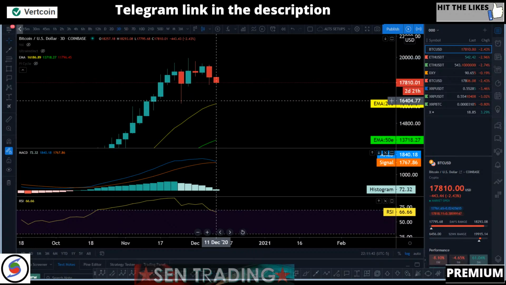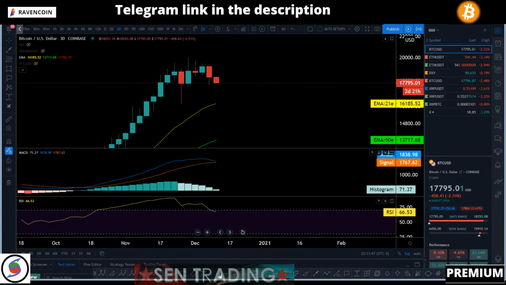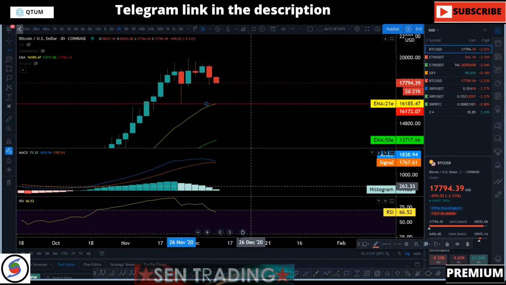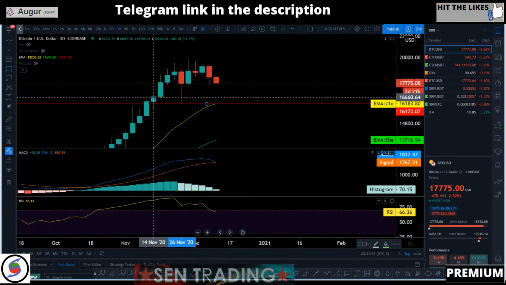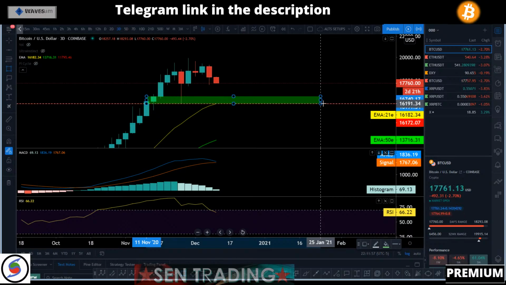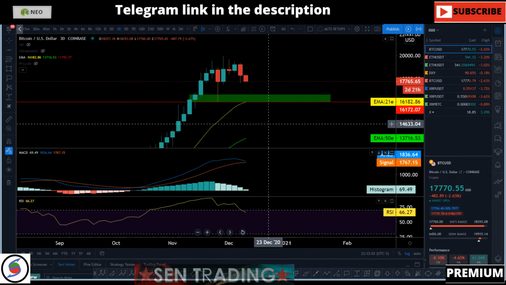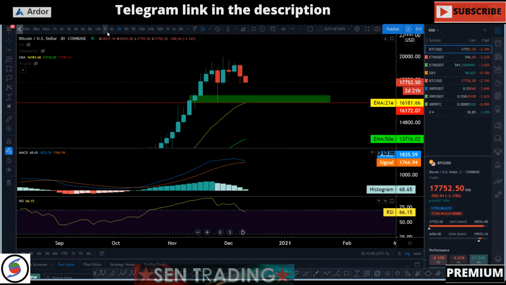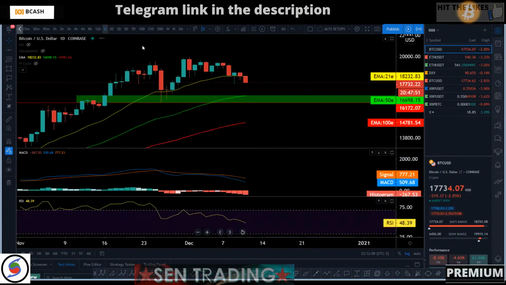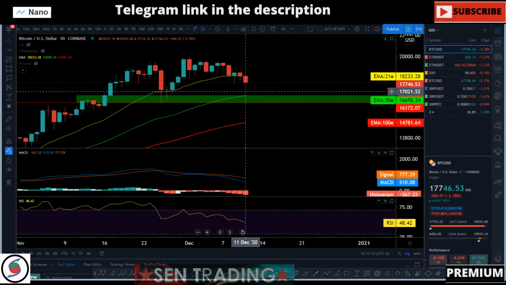The 21 EMA is going to be about 16.1, which is a total retest of the previous support. It doesn't matter how I look at it, 16K is showing up all the time: on a 3-day basis, on a 2-day basis, and on a daily basis. You can see the moving average is right there.